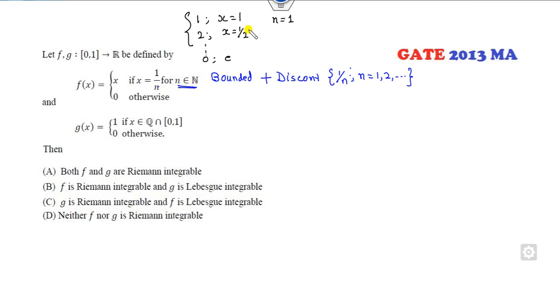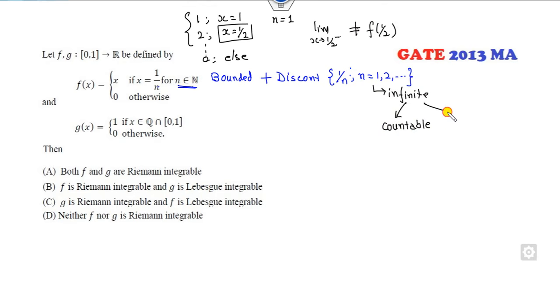So what is the limit as x approaches half from the negative side? It's 0, which is not equal to f of half. It means discontinuous. Now there are infinitely many such points. Either you prove they are countable, or you can prove that the limit point is finite. What is the limit point?